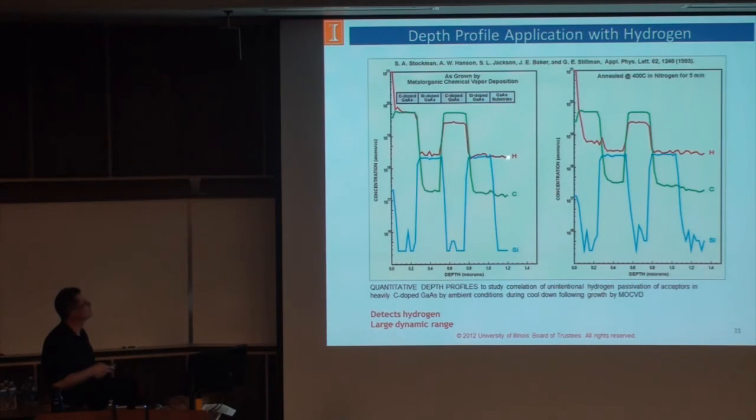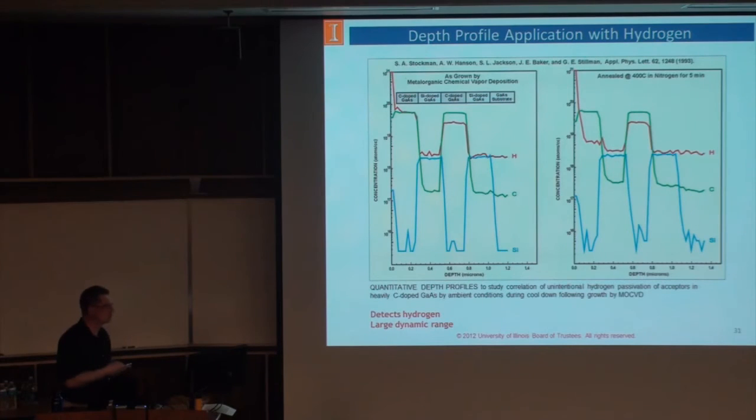And so what they did was they did a depth profile and then followed silicon, carbon, and hydrogen, and you can see that the hydrogen goes up where the carbon doping level is, but not necessarily where the silicon doping level is. And then if they anneal it, the hydrogen actually leaves the sample surface, and they were getting better results from that.